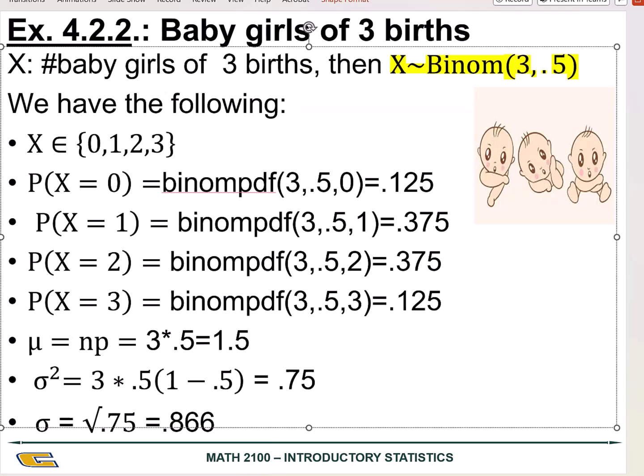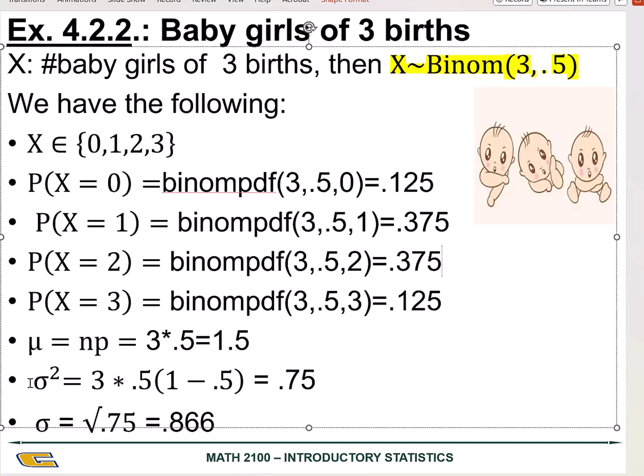You can also calculate the mean value for this random phenomenon. Say, if the whole class randomly chose 3 newborns and checked the number of baby girls, the average of the whole class would be 1.5.